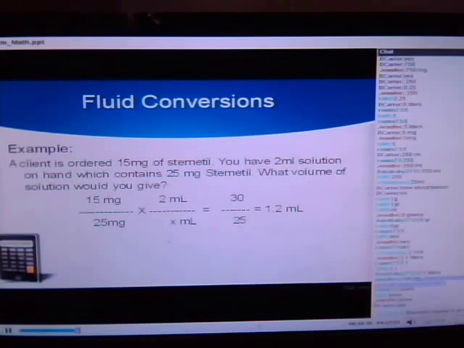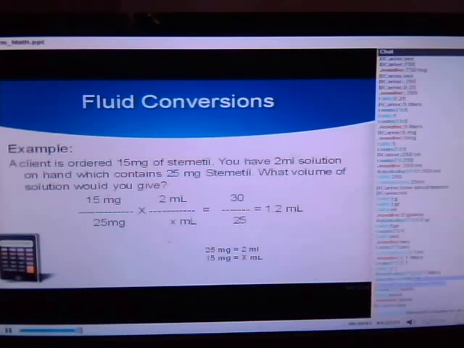The way I set this up is, if you keep the milligrams and the milliliters all in the same order, you could do it any way you want. So we know that 25 mg equals 2 mL, and we are supposed to give the client 15 mg. So how many milliliters should we give this client? That's the X factor.